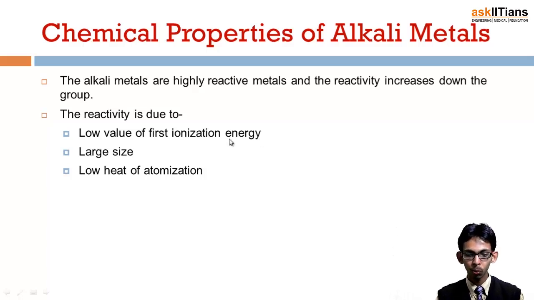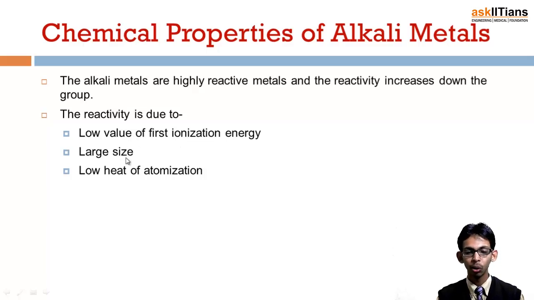So the low value of first ionization energy means it is very easy to remove an electron, and that's why it is a very reactive metal. And why is it very easy to remove an electron? Because its size is large. So the first reason is low value of first ionization enthalpy, which is due to larger size.